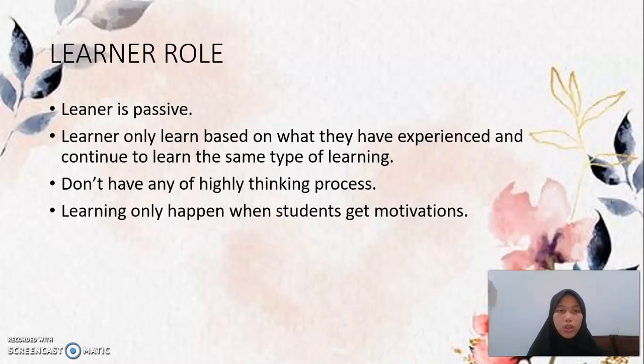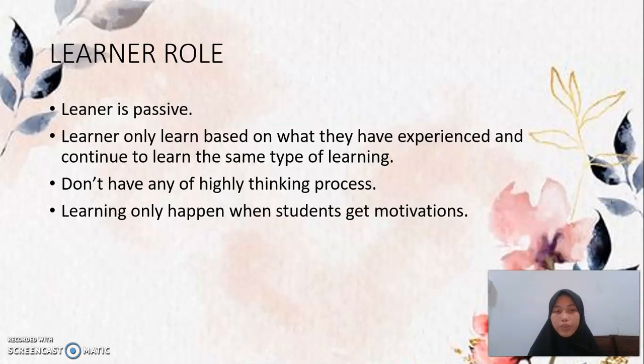Learners only learn based on what they have experienced and continue to learn the same type of learning. Learners do not have any high thinking process, and learning only happens when students get motivation.